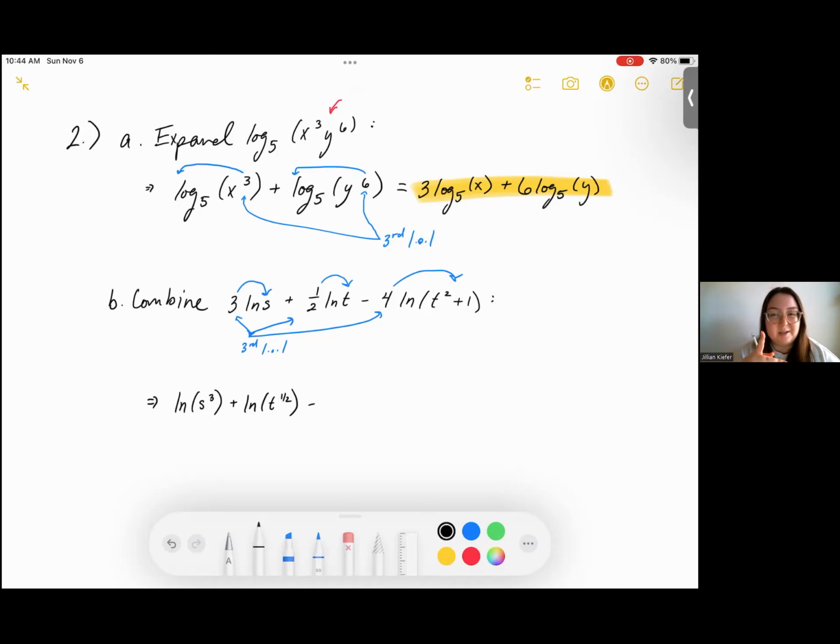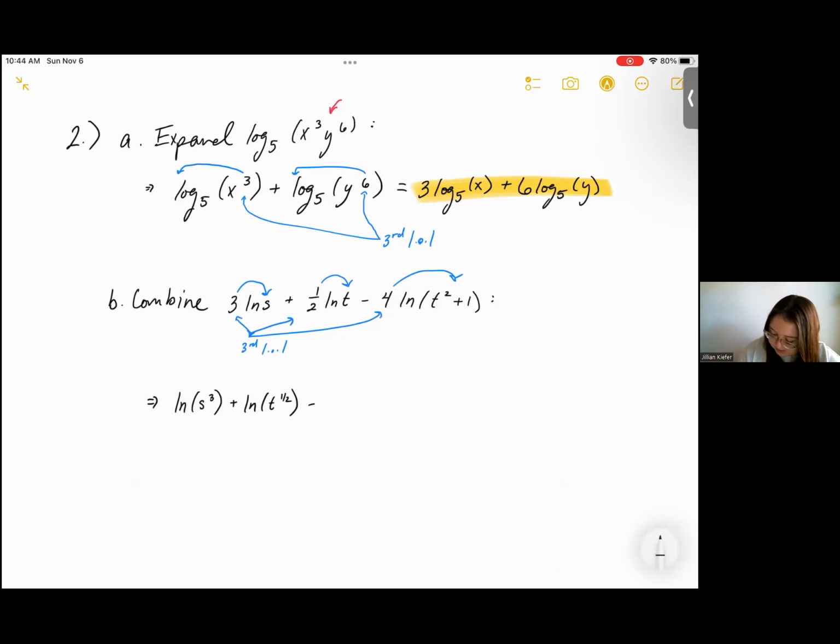You could, but remember we're combining. So it'd be very counterintuitive to do that. So since we're combining, we're going to leave t squared plus 1 by itself. We're going to bring that 4, and it's going to be the exponent of t squared plus 1. So this will be minus the natural log of t squared plus 1 to the power of 4.